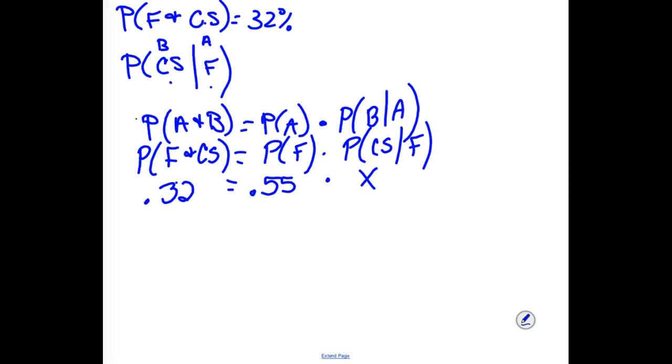What do we have to do? Divide. All right, so take 0.32 divided by 0.55. And we end up with, what do we get? About 58%? Okay.